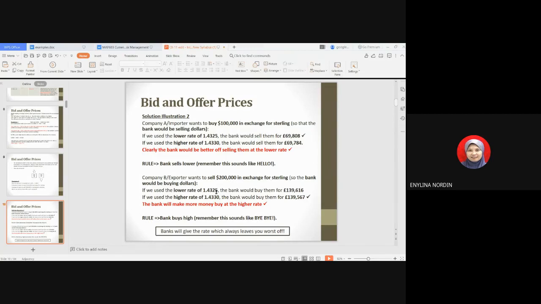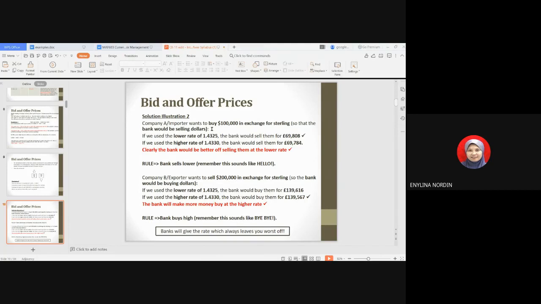They want to pay in dollar. The home country currency is pound. So that means the company has to convert the pound into dollar. So the company has to buy the dollar. If the company wants to buy the dollar, that means the bank will sell the dollar.